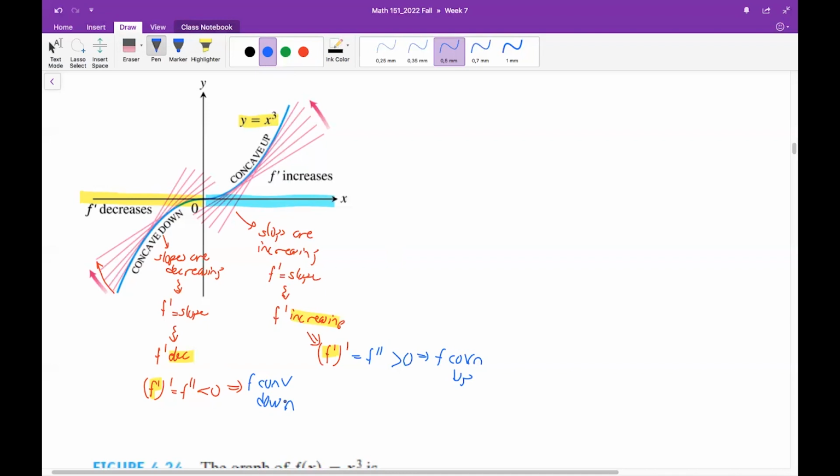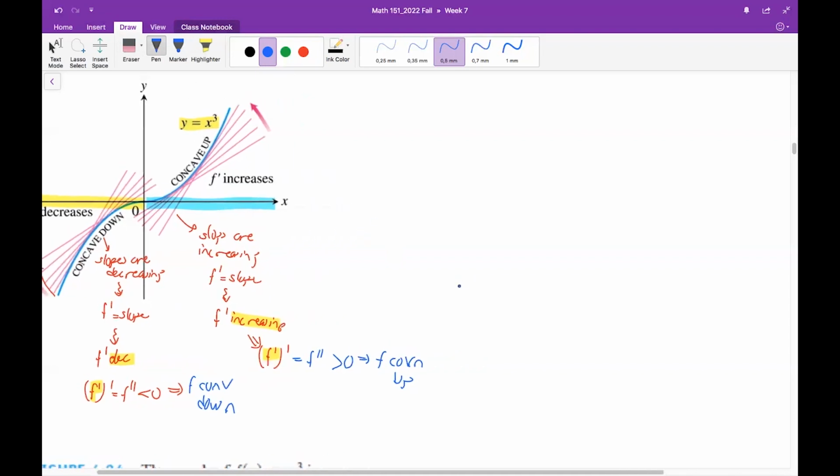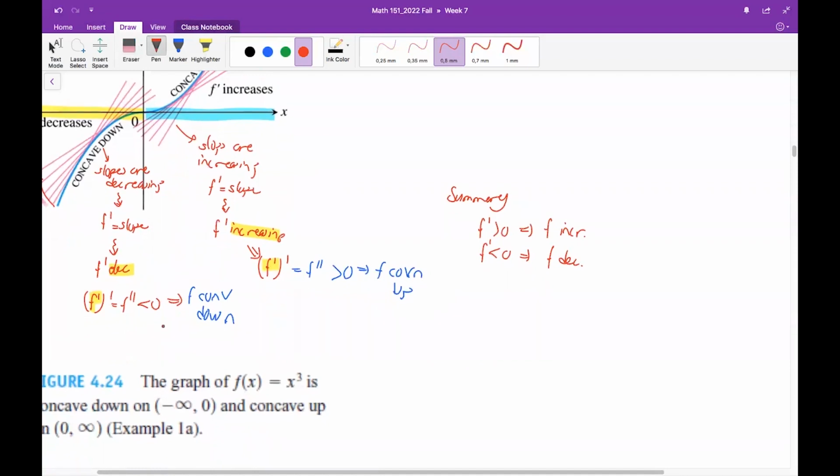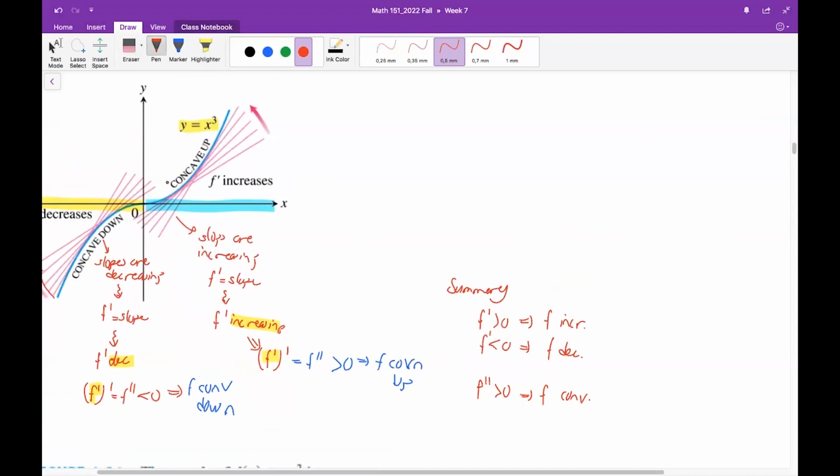So let me put a quick summary here for you. Okay, summary. So what we have about the first derivative function, if it is positive, your function is increasing. If the first derivative is negative, your function is decreasing. What do we obtain here about the second derivative? If the second derivative is positive, your function is concave up, just like here.